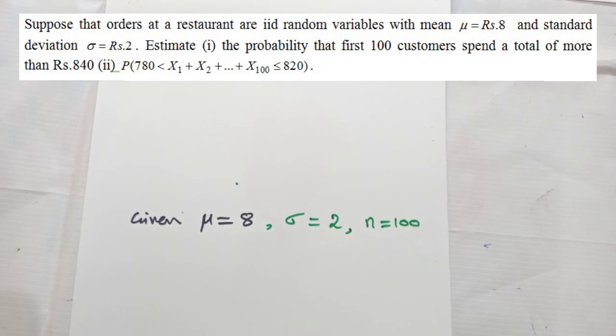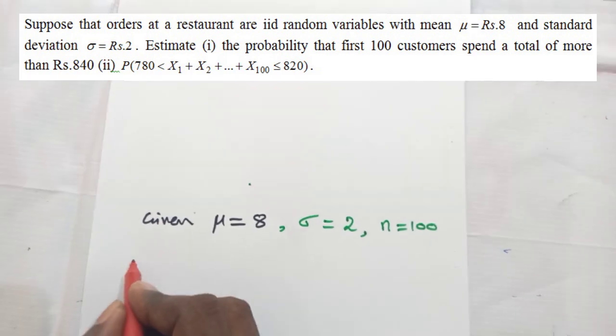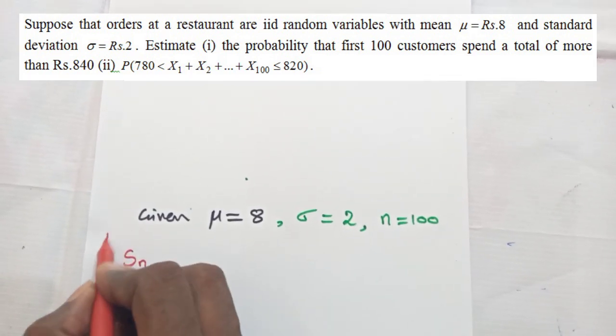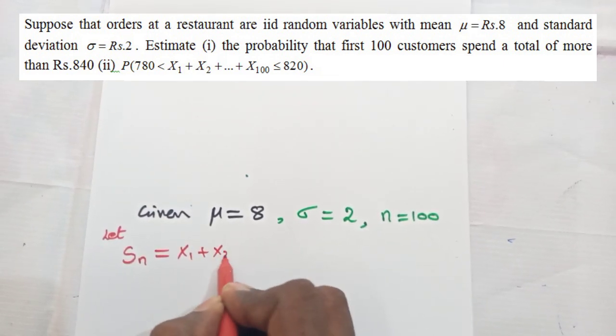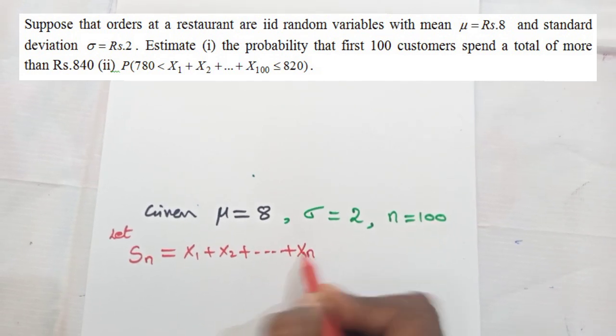In the central limit theorem, Sn, where Sn is the sum of n random variables, so let Sn be equal to x1 plus x2 plus etc. xn. The n is 100.